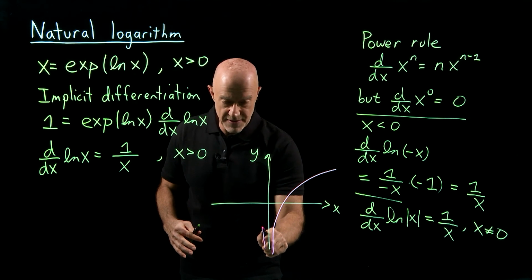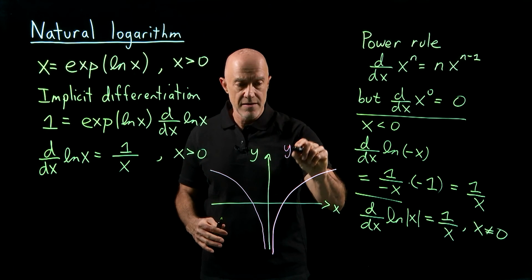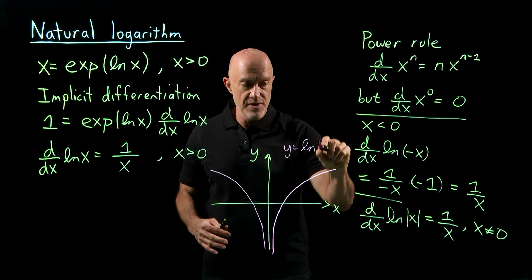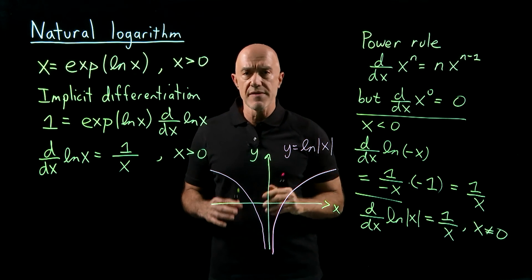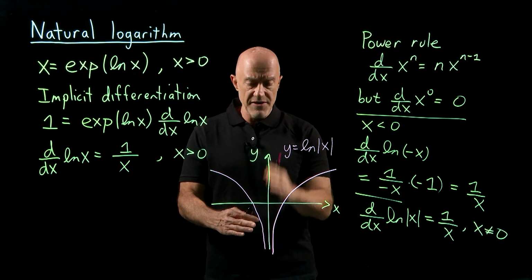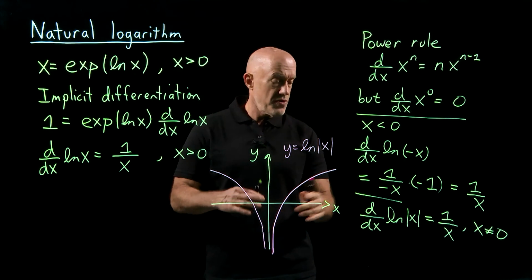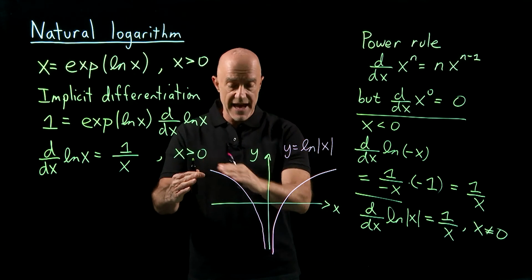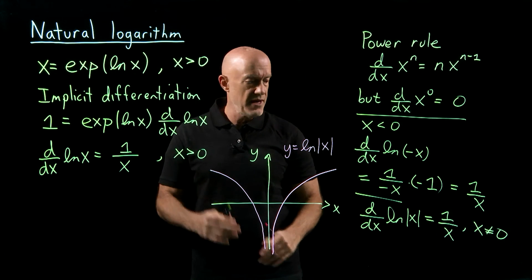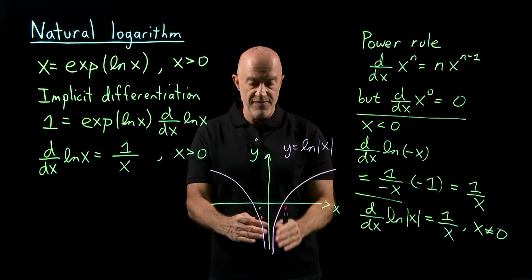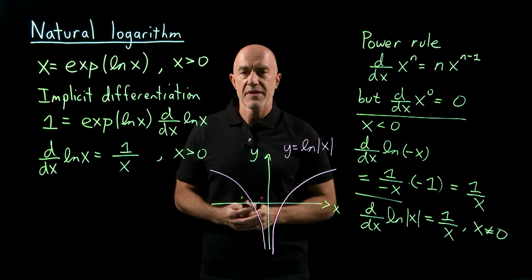So it would look something like this. So this is a graph of y equals the natural logarithm of the absolute value of x. So the only point that is undefined would be exactly at x equals 0. So we see here that the derivative is negative when x is negative because we're sloping downwards, and the derivative is positive when x is positive because we're sloping upward.